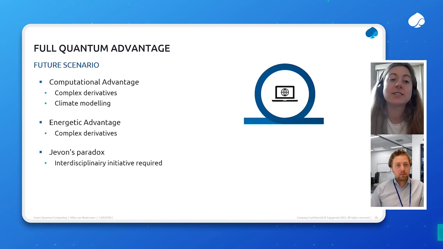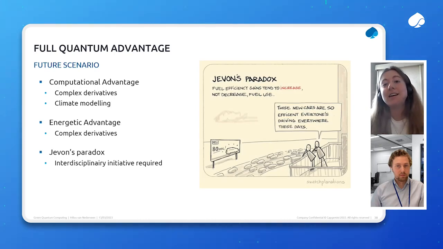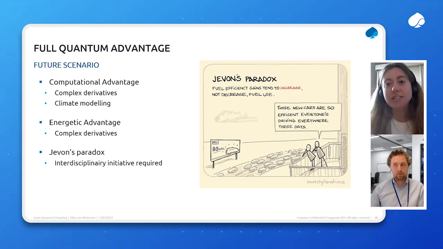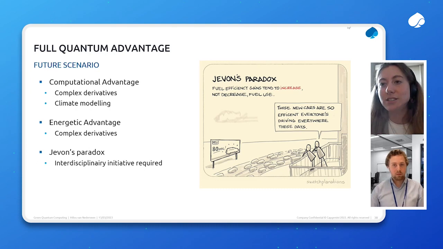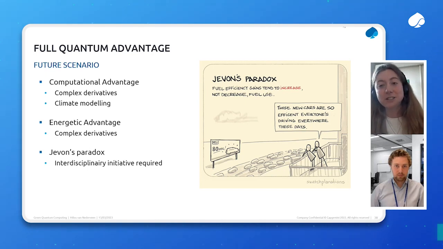However, this also means that the Jevons paradox becomes a thing, which is what is shown here. The Jevons paradox describes that when a technology gains efficiency, it doesn't decrease the overall cost, but it actually increases the overall cost or usage. So here you can see specifically for fuel efficiency, it tends to increase, which means that it doesn't decrease, but actually increases fuel usage.